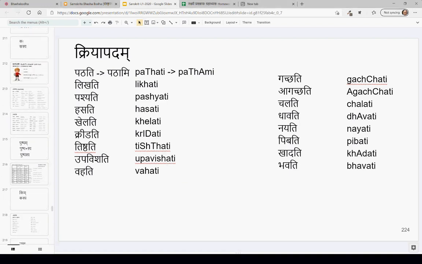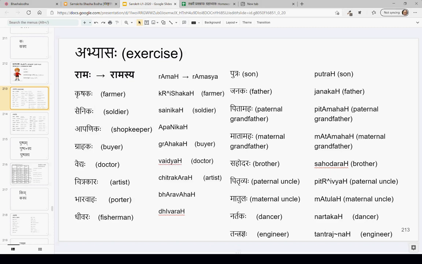What is the Bahuvachanam, plural, of Janakaha? Putraha. That is Prathama Vibhakti Bahuvachanam. Putraha means many sons. Sainikaha means many soldiers.